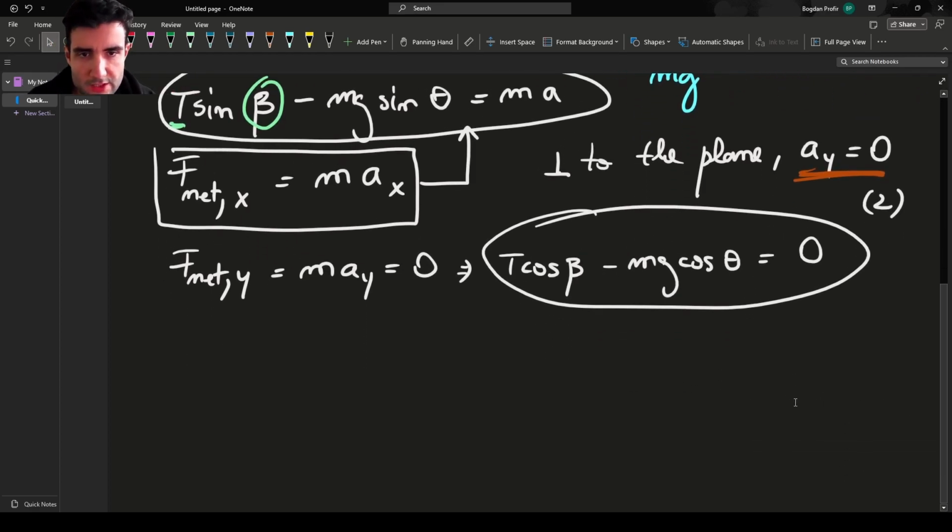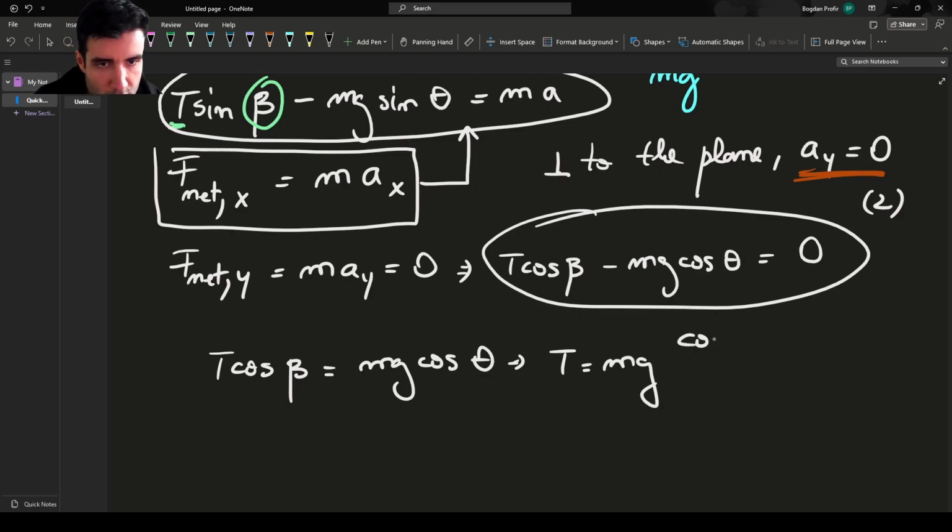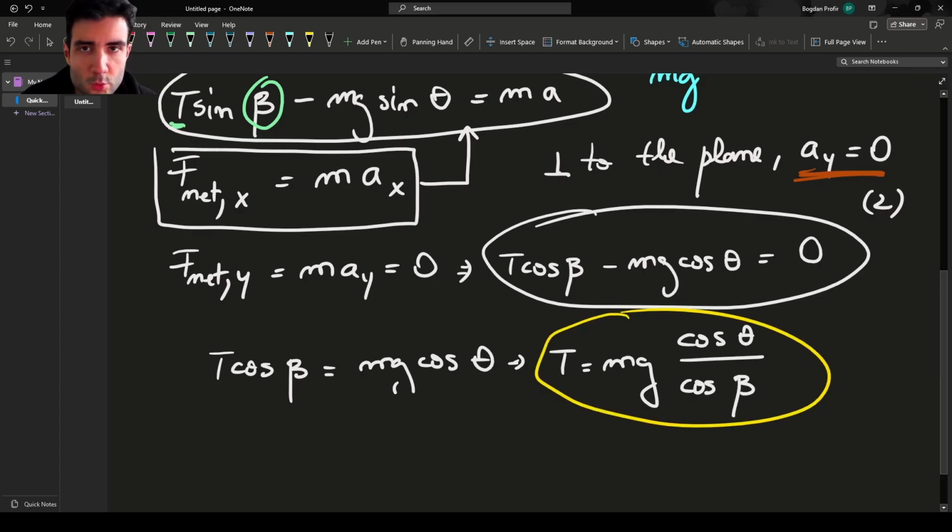Now we can rearrange and find an expression for beta. We have T cos beta equal to mg cos theta, which means the tension will be equal to mg cosine of theta over cosine of beta. We can then substitute this tension back into the first equation.